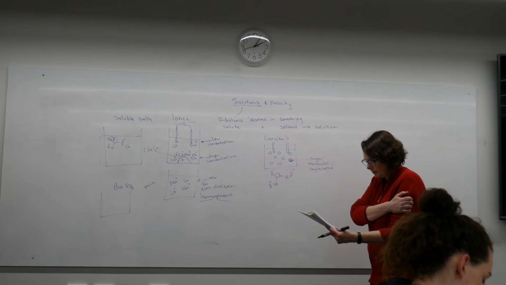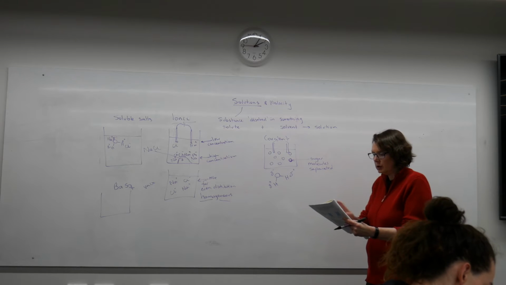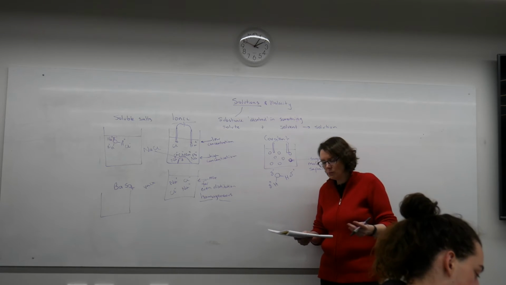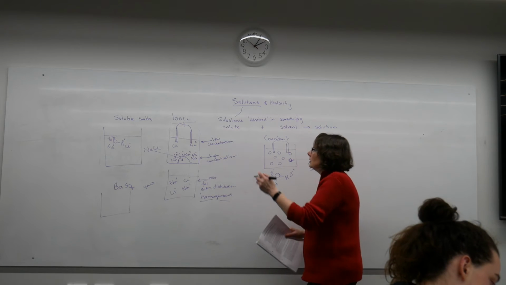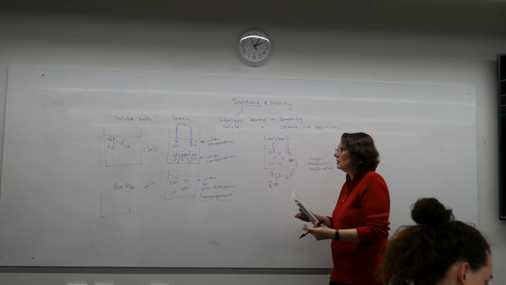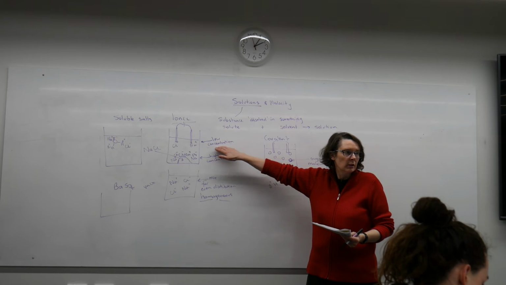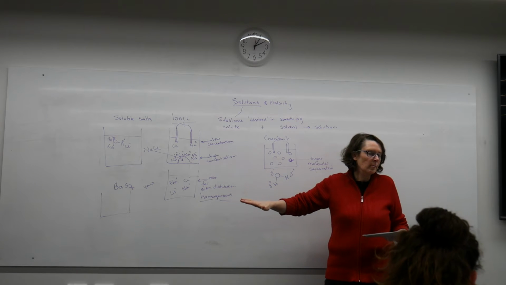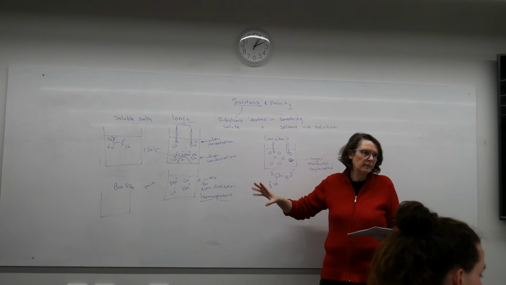Now, there's a bit of information on page 39 about concentrations and the different ways that you can measure concentration. I used the term concentration up here, and I said that this was a low concentration and here this was a high concentration. Concentration is all about how much stuff.